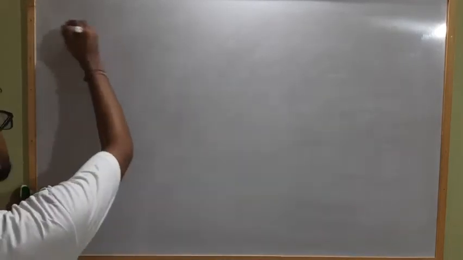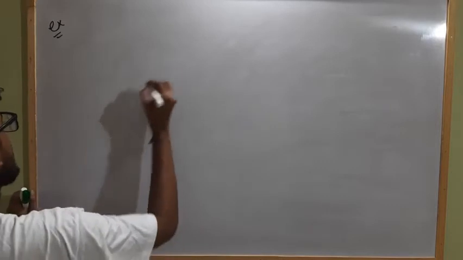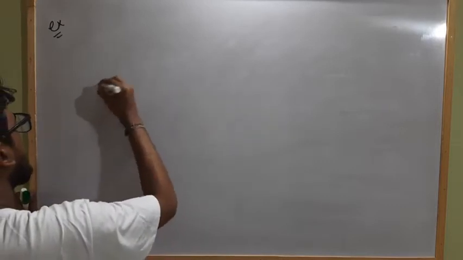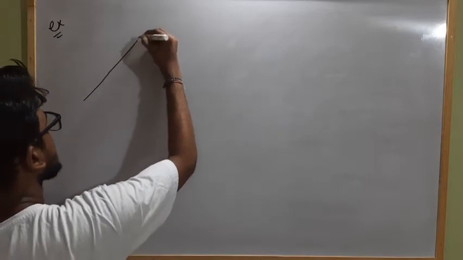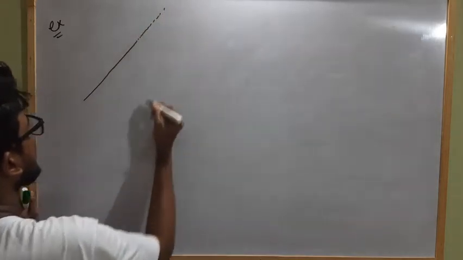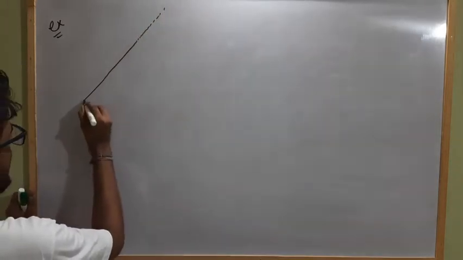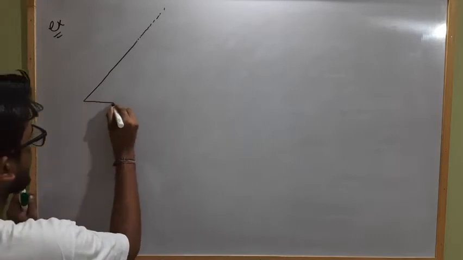Now let's do another example. This is an infinite long straight current carrying conductor present like this. It's bent here and it goes like this.